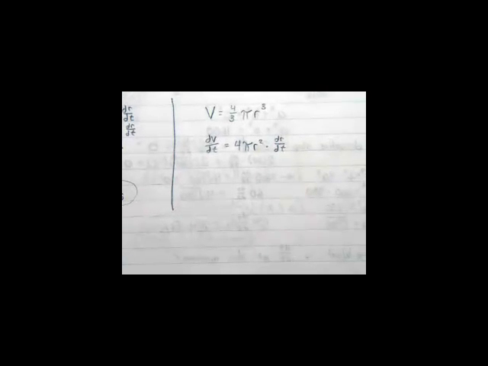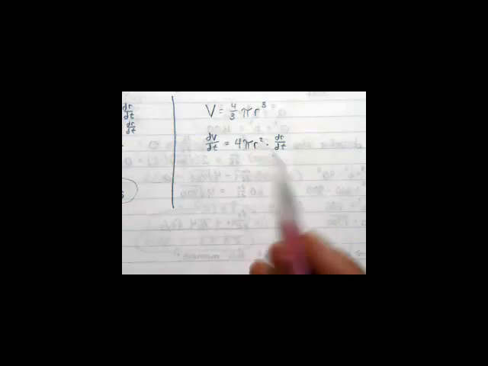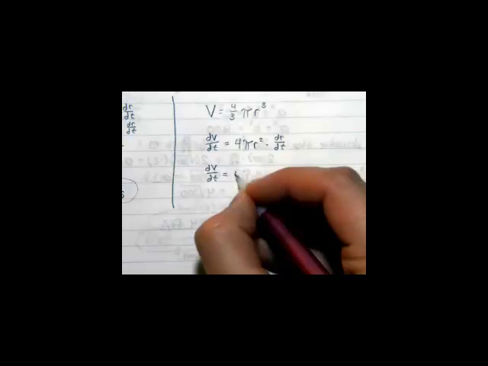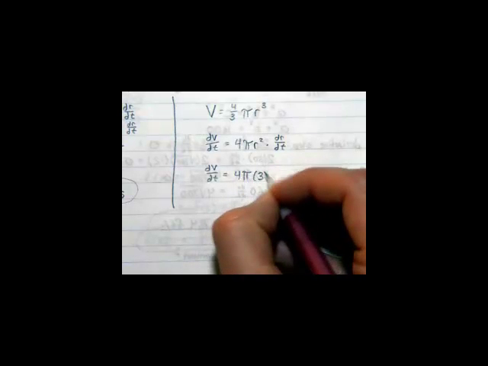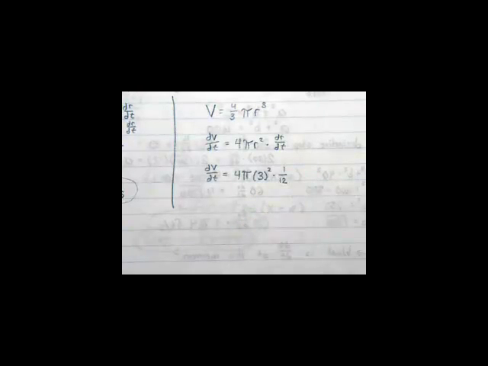So, all right, so dv dt, we need r and we need dr dt to plug in. Can we do it? Yeah. Do we have those two things, right? Yes, we can. So 4 pi times 3 squared times a 12th.